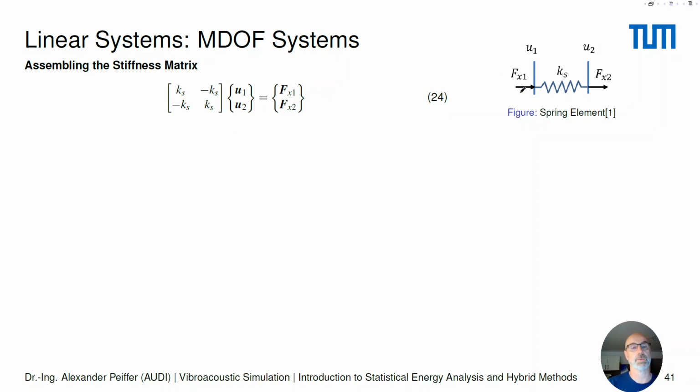Once we have external forces that change the elongation of the spring, this leads to an extra force due to the typical equation of force equilibrium. The same is true for the other side. So the equation of motion for a simple spring without any mass, with external forces Fx1 and Fx2 and displacements u1 and u2, would look exactly like this.